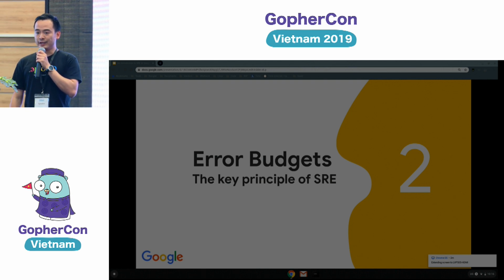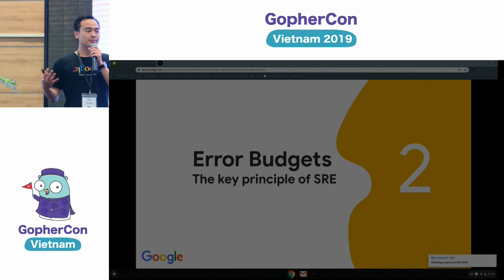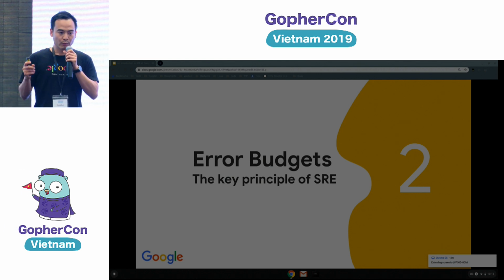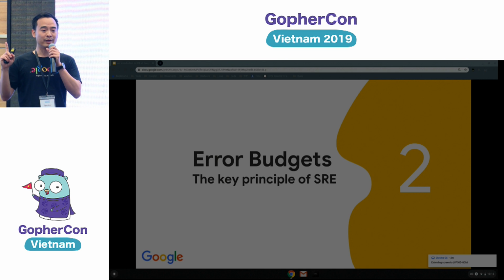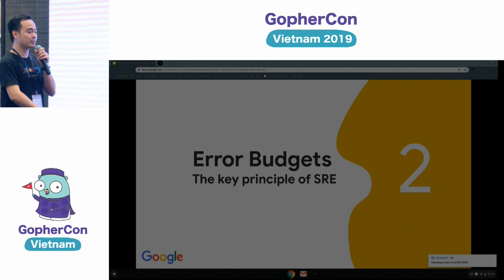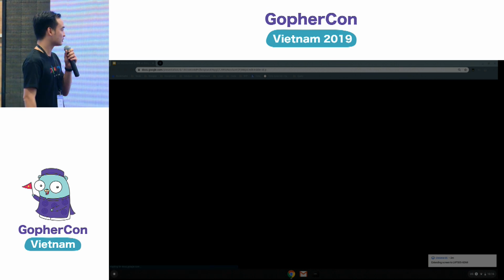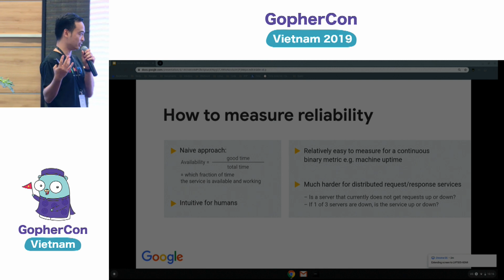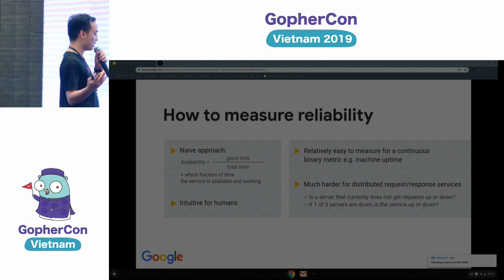And at SRE, how do we deal with reliability? We have only one biggest principle, which is error budget. We use error budget to control everything. So let's see how we measure error budget and how we measure reliability.